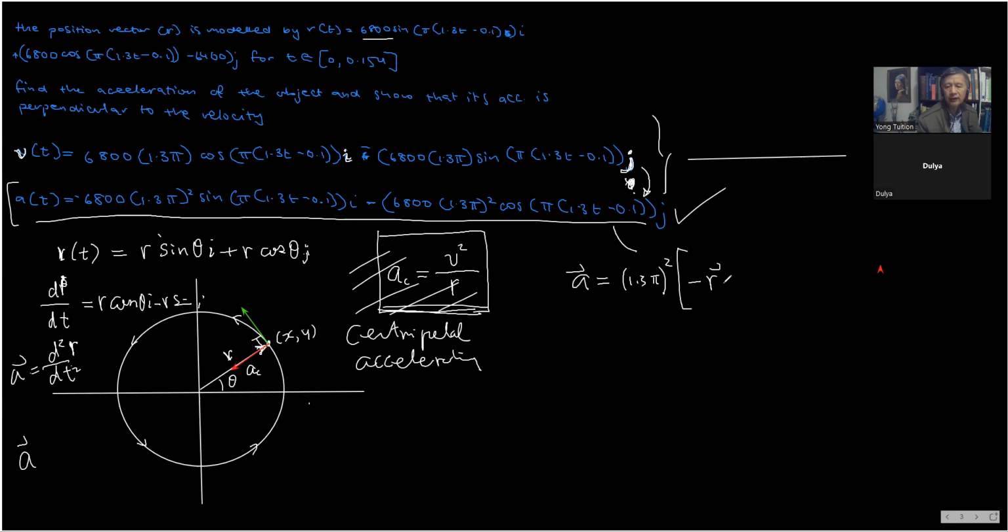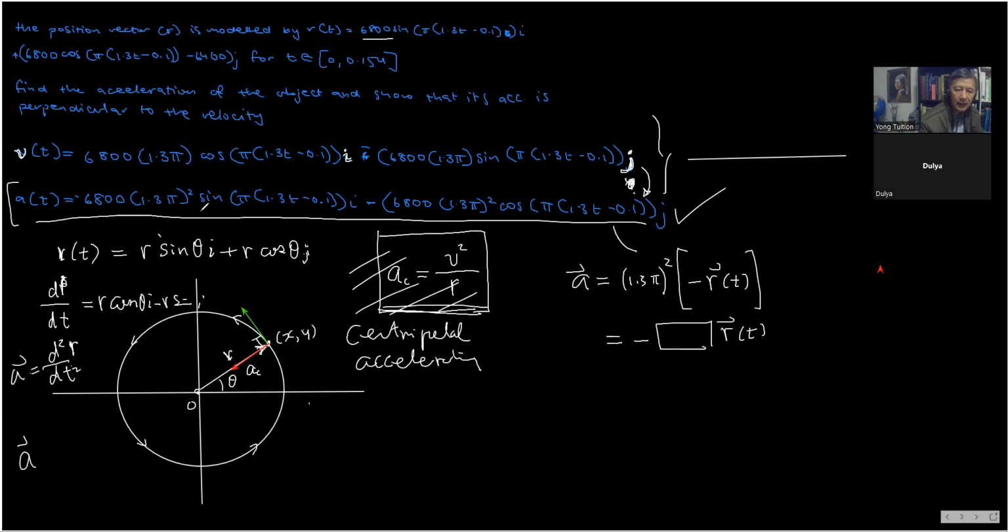Okay, I don't want to go further. Can you see that? So your formula automatically shows that the acceleration is indeed toward the center, because a is equal to a constant multiplied by r.